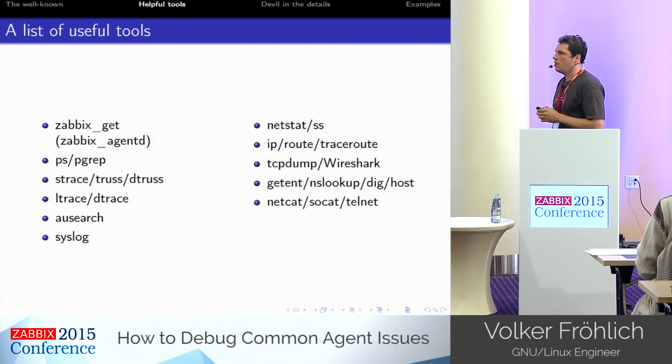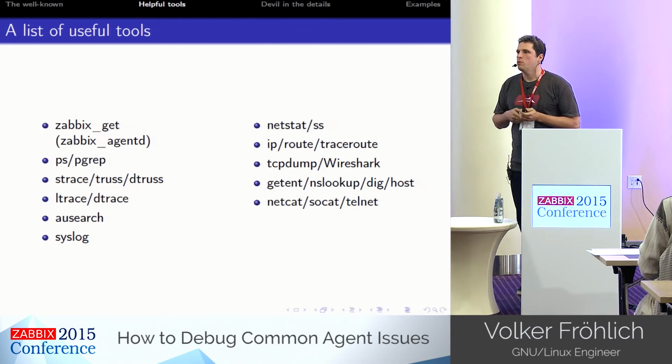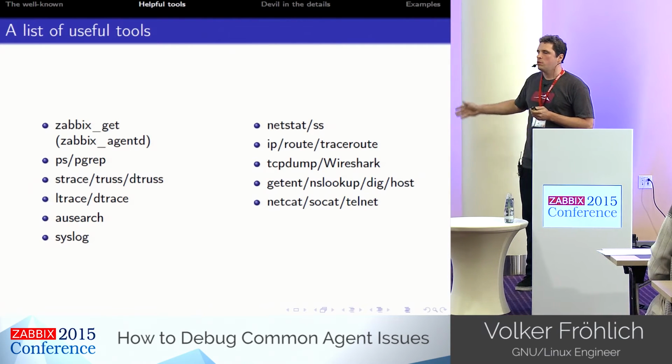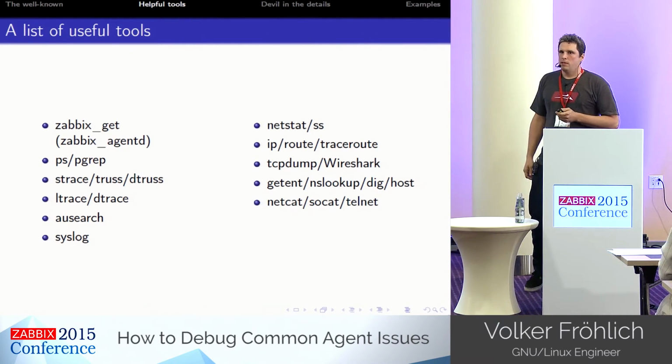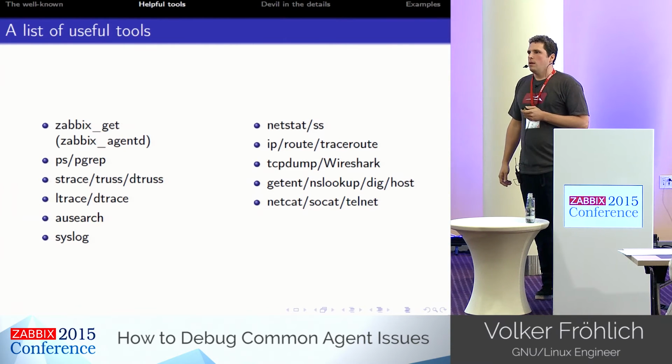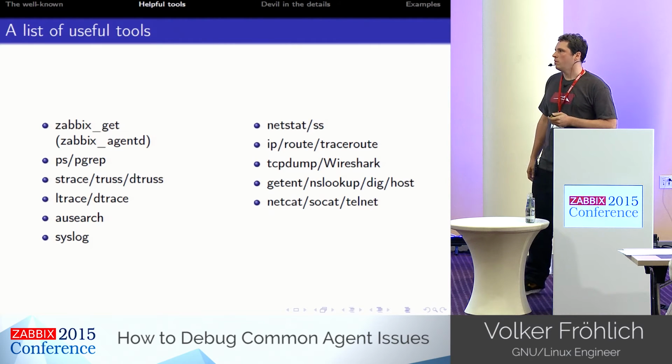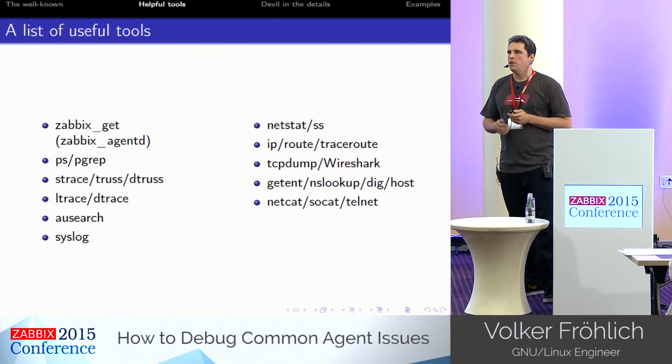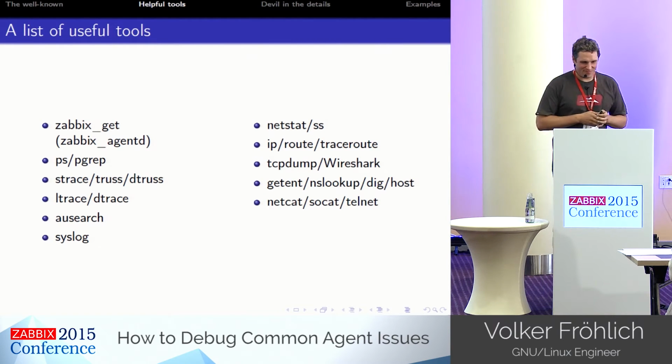Here's a brief list of tools I'm using. Networking tools on the right, other tools on the left. zabbix_get, I mentioned it before. Some people use the Zabbix agent binary to test items. Do you think that's a good idea? Or the opposite? We'll see.